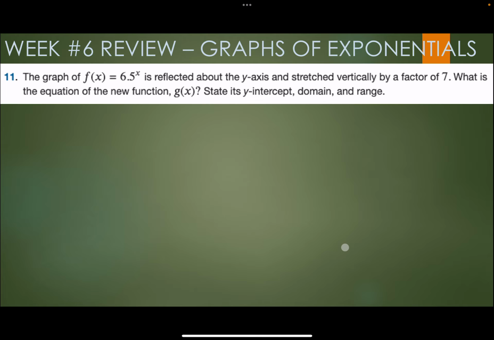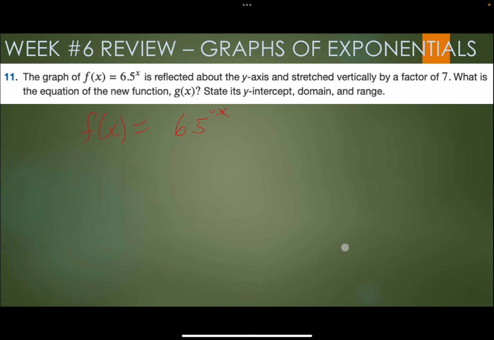So it says, first thing, it's reflected about the y-axis. And so that's what's impacting x. And so right away, we can take our function, and we know it's going to be 6.5 to the negative x. Right? Because the x is going to be modified. The x is going to be flipped over the y-axis.